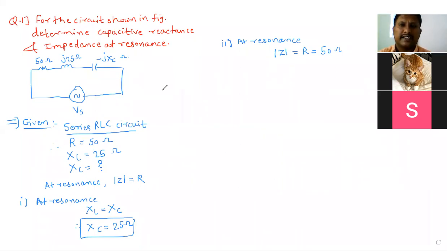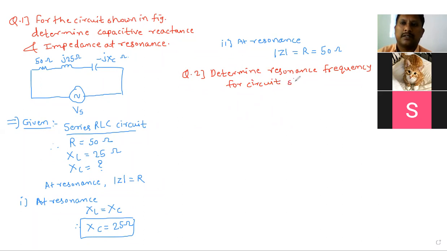Now second question we can take. Question number 2. Determine the resonant frequency for the circuit shown in figure.